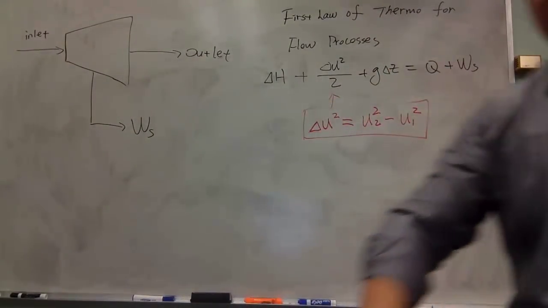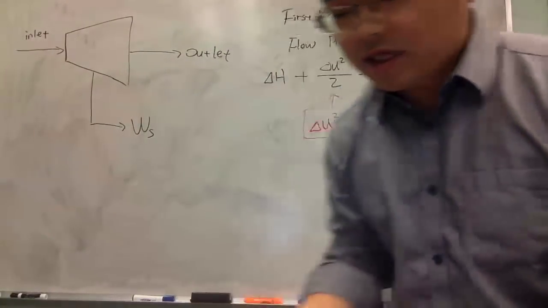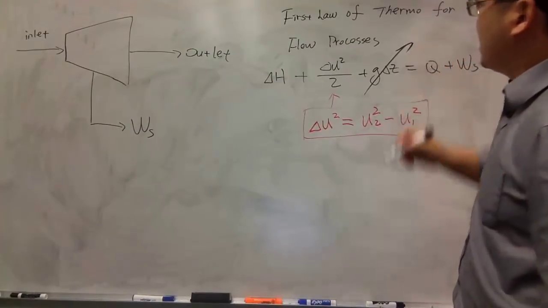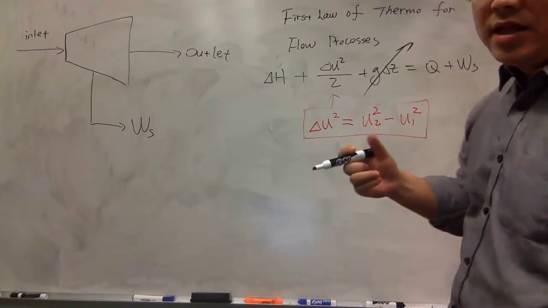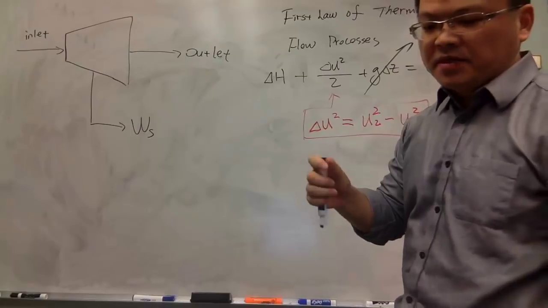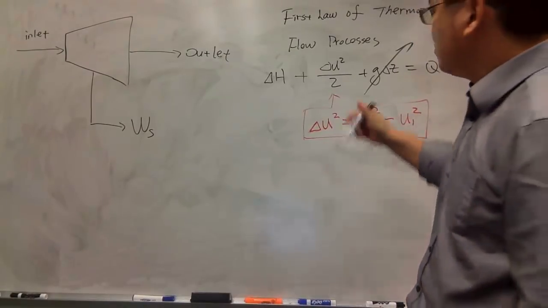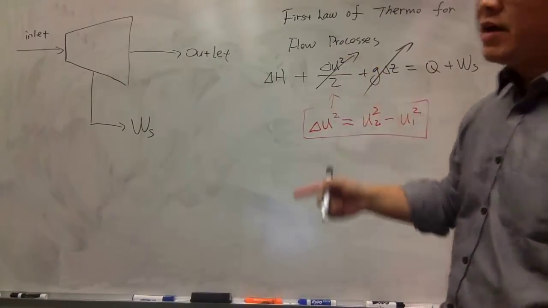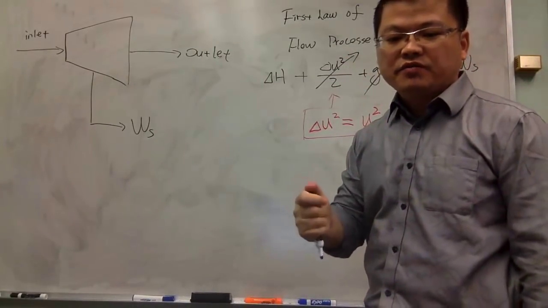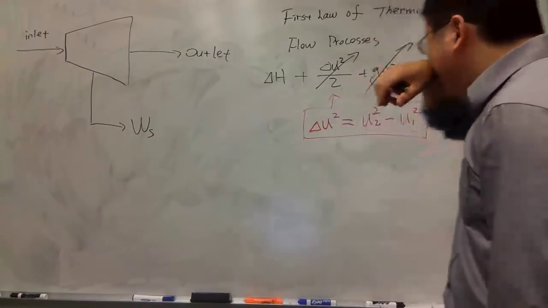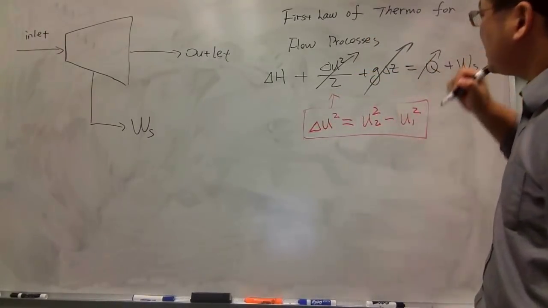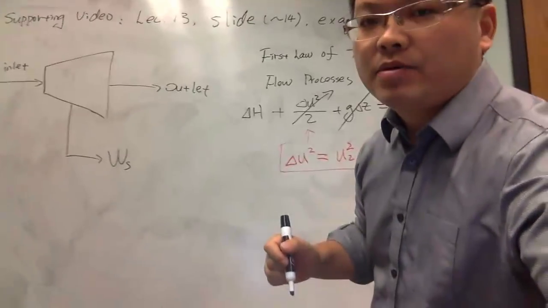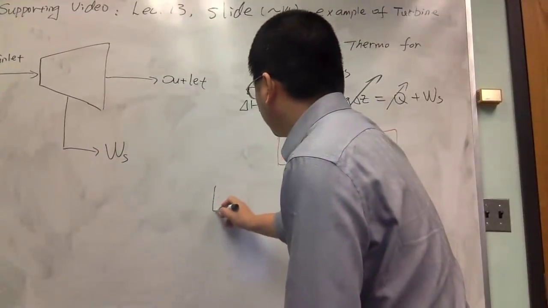If that is the case, then as we discussed in lecture, we assume we are not going to change potential energy, and in the pipe, the velocity of the flow will not change too much. So this term goes to 0. The whole purpose of having a turbine is to receive as much shaft work as possible, so this term goes to 0 as well, and we try to have an adiabatic process.